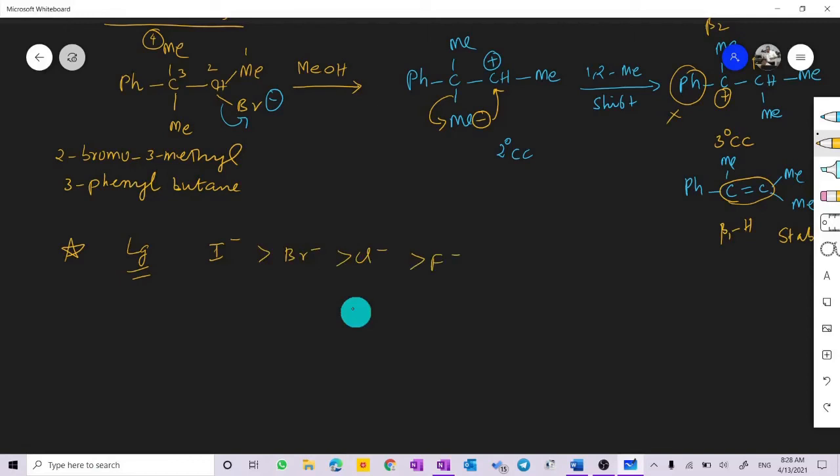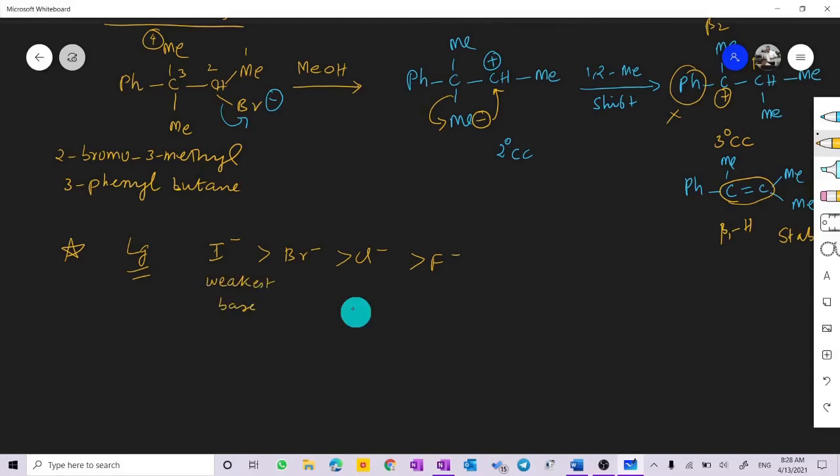So the leavability of this X minus is indirectly related to its basicity. We know that a weaker base will be a better leaving group, and the weakest base will be the best leaving group. So this will be the weak base, this will be the weakest base, which is a better leaving group, and so on.